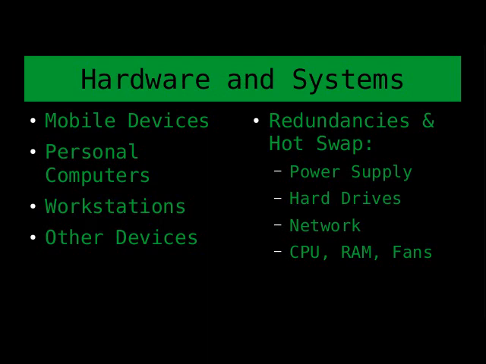Personal computers, all the way down to Raspberry Pis, up through your workstations, your gaming systems, your laptops, Internet of Things devices, other types of devices, like those little devices that you use when you say, hey, what's the recipe for cookies, and it reads it back to you.